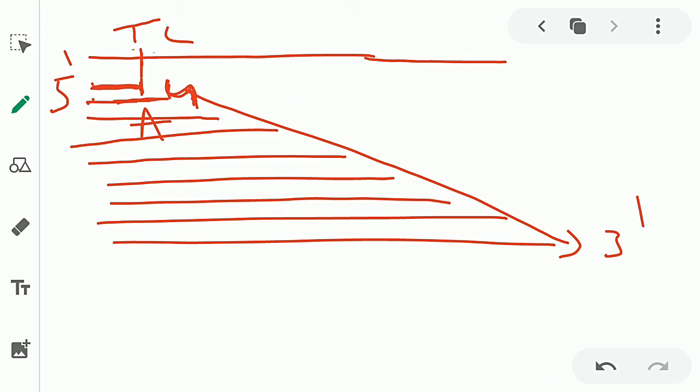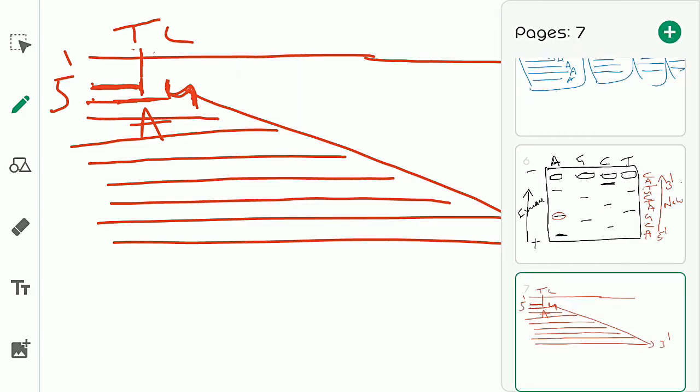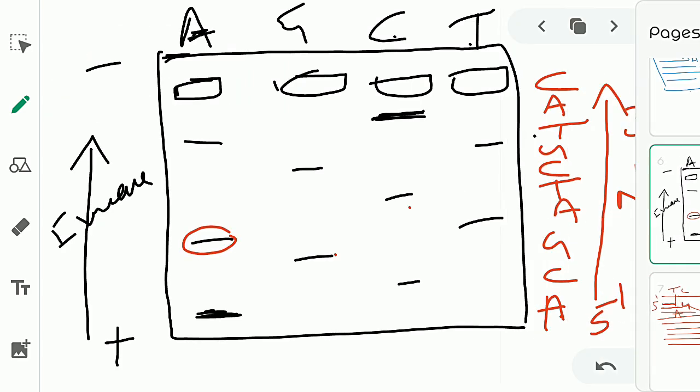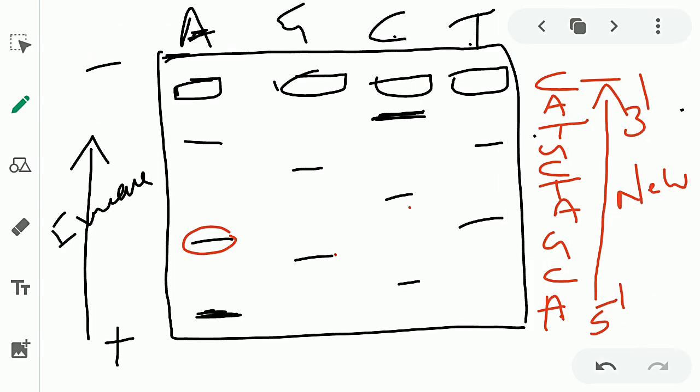And you just take the complementary sequence of this. Take the complements of C, A, T, G, and that will give you the original sequence.